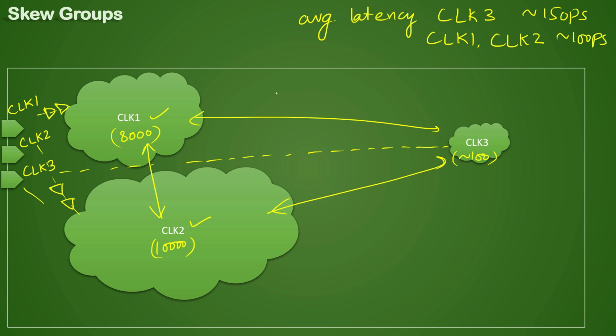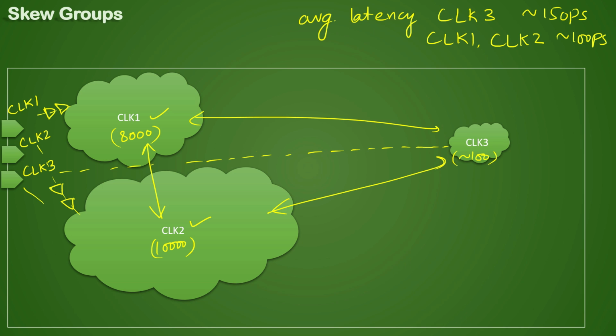And if, as a designer, we know that interaction is less for CLK3 sequentials, and even from a timing perspective there is sufficient slack, we can do a separate skew group. So if you know that CLK3 sequentials have sufficient positive slack, or we do not really need to balance these three clocks to each other, then we can create a separate skew group for CLK3 sequentials.